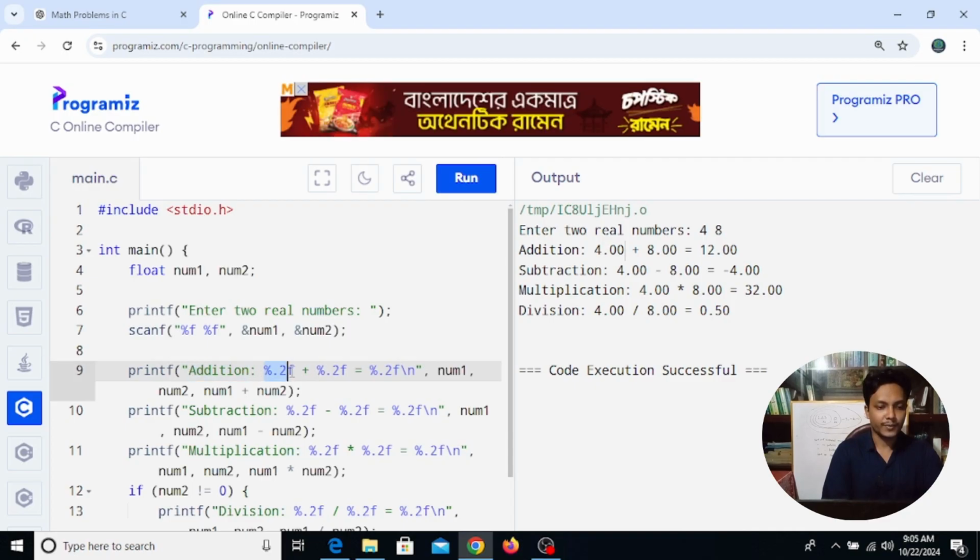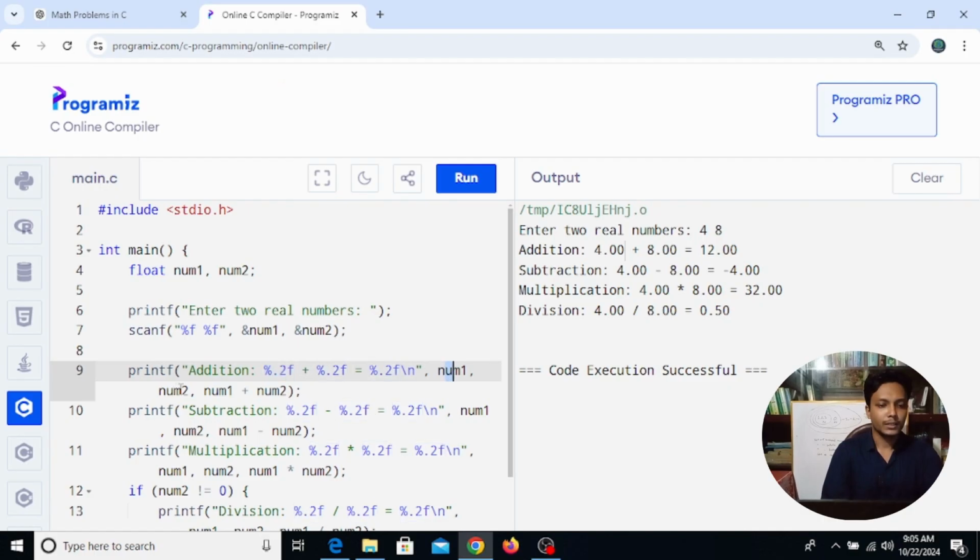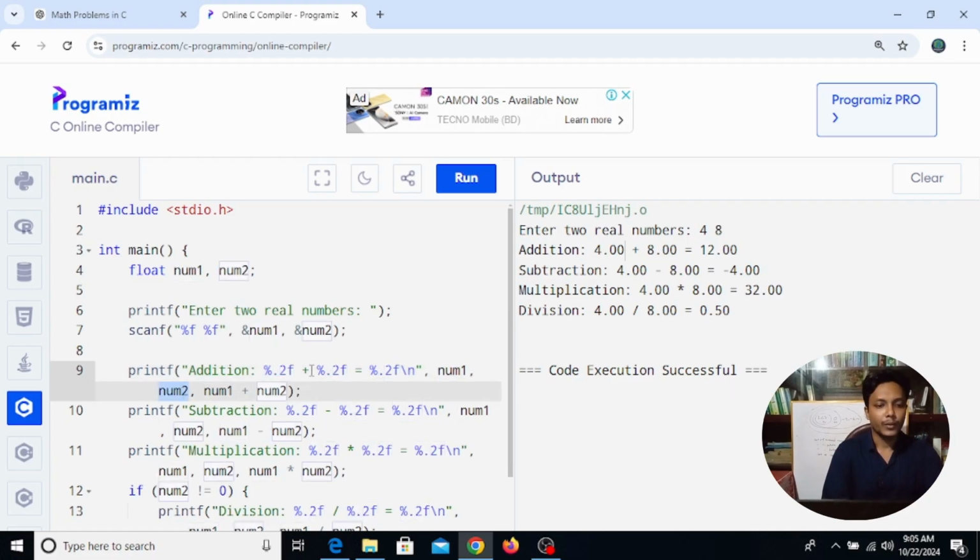This format specifier asks for number one and number two. So this format specifier is for number one, and this one is for number two, and we have a plus. So this 4.00 is printed because of this format specifier.